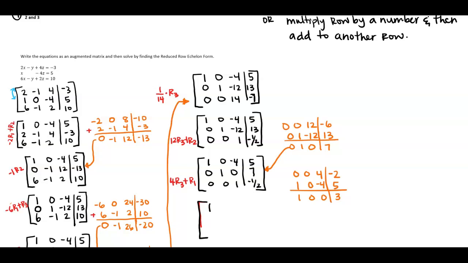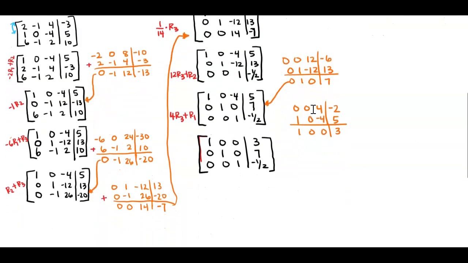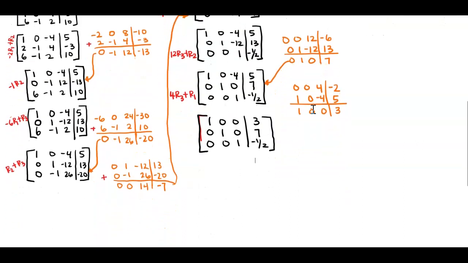So I get 1, 0, 0, 3. My second row, it's already done, 0, 1, 0, 7. And then my bottom row, 0, 0, 1, negative 1/2. Okay, and now that I've got it in this form, I can see what my X, Y, and Z are.